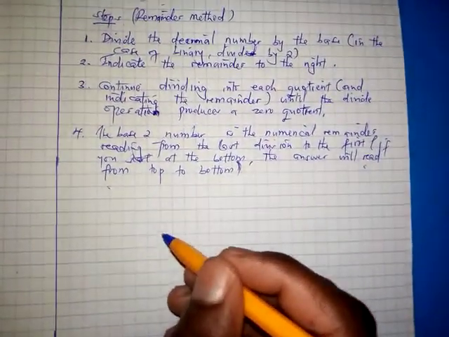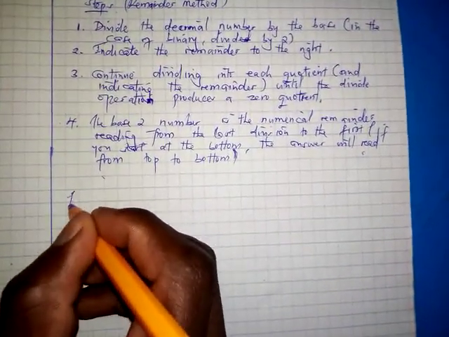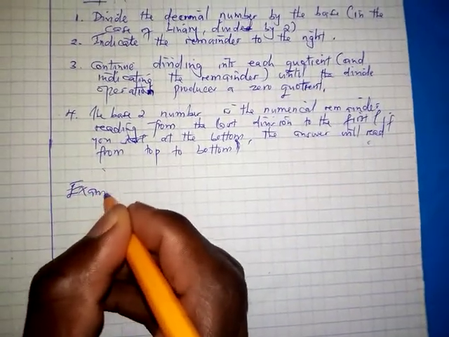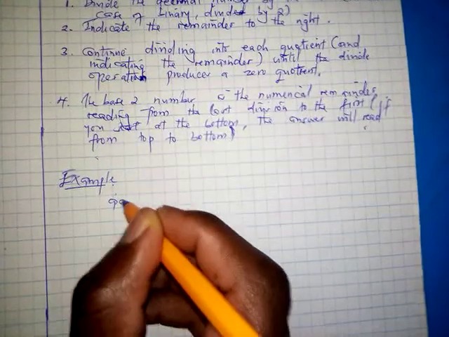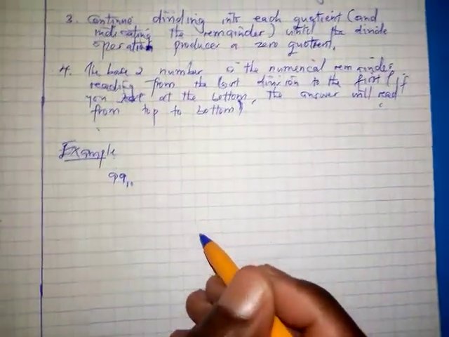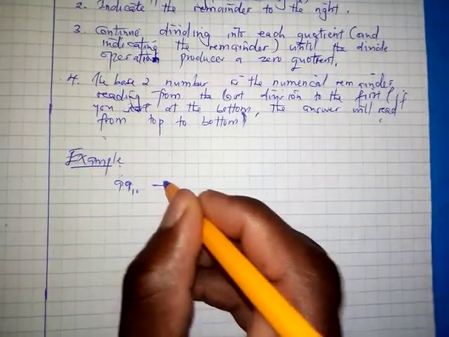For example, if you are asked to convert a decimal number like 99, base 10, to its binary equivalent.